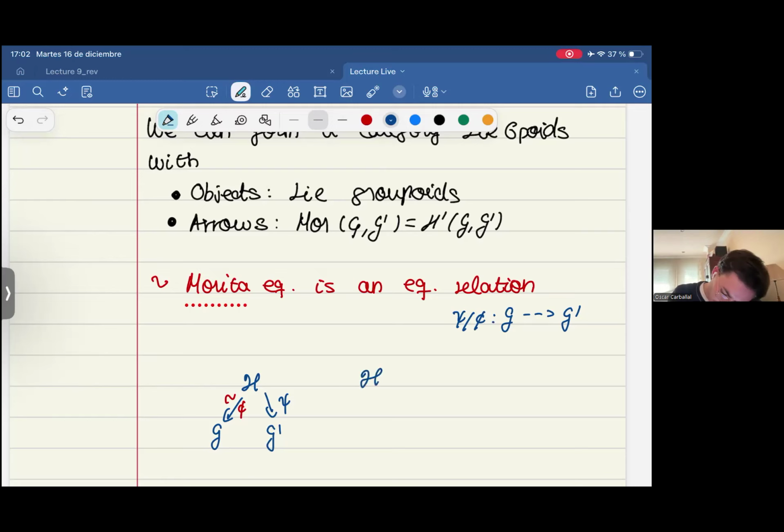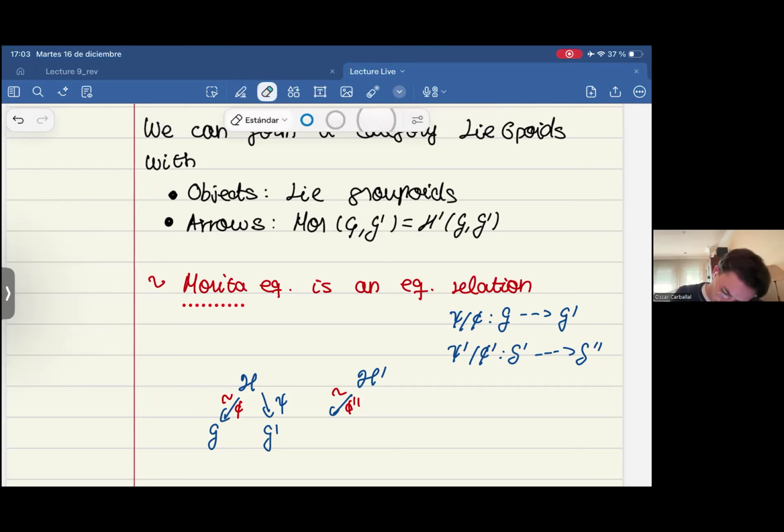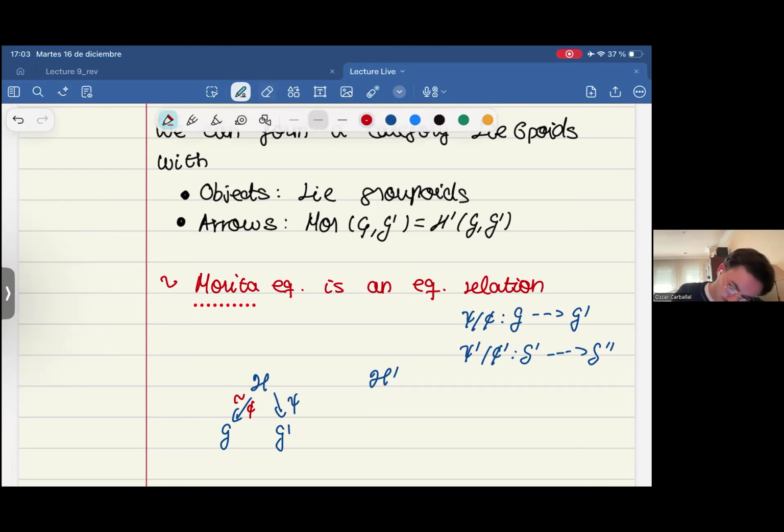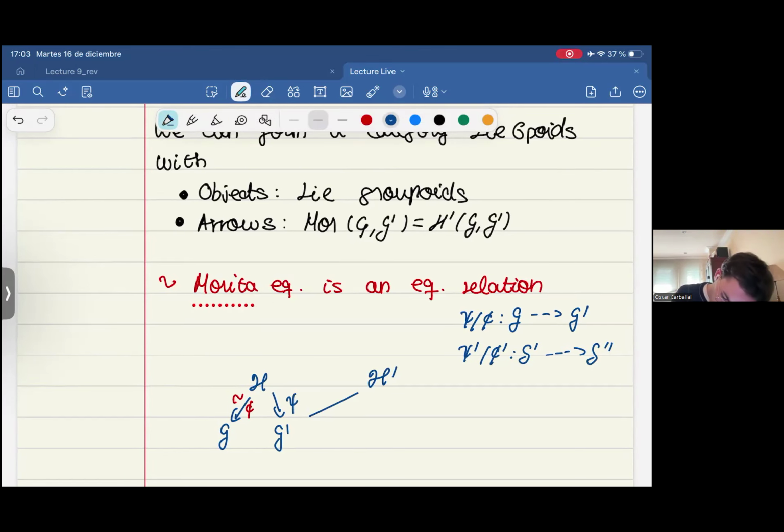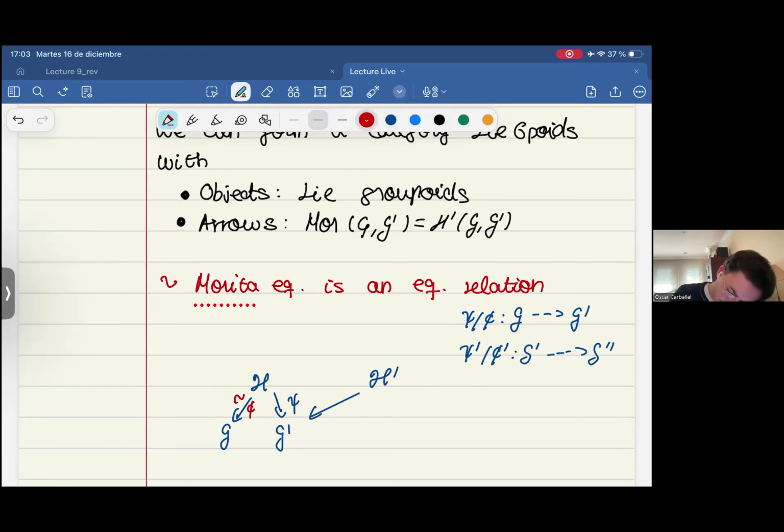Then we have another H prime, right? Suppose we have this from G prime onto G double prime. So we have a Morita map here onto, sorry, maybe this arrow has to be big. So this is a Morita map.